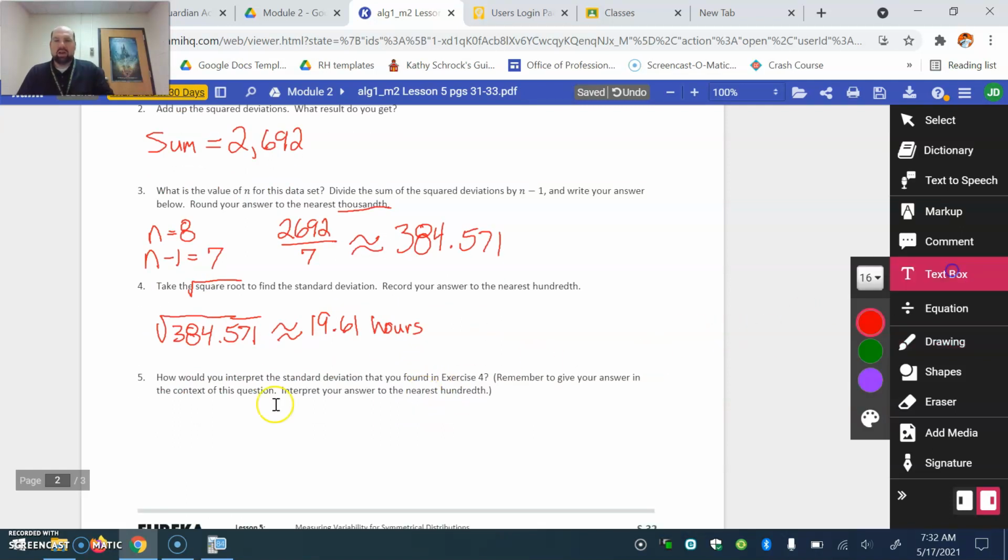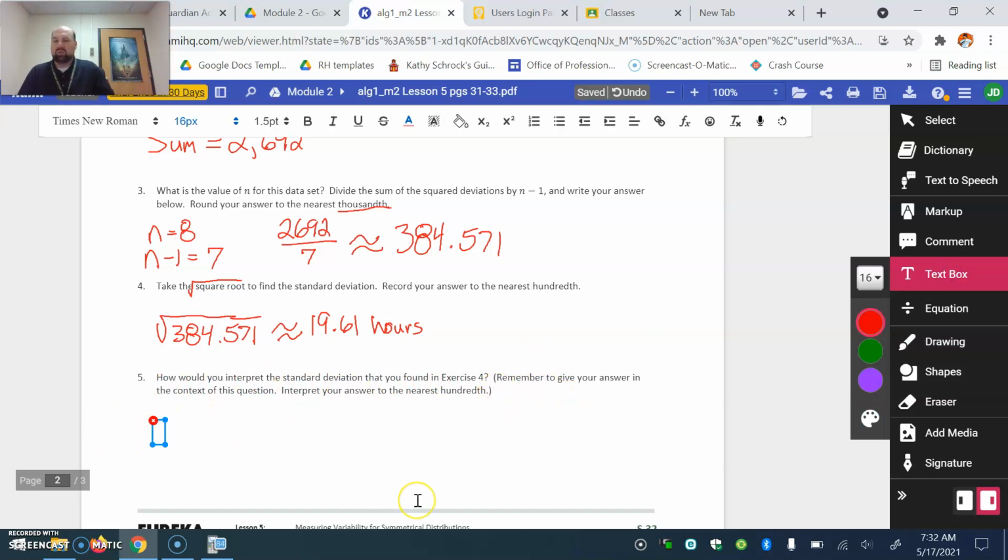Okay. So how are we going to answer? How would you interpret the standard deviation that you found in exercise 4? So we're going to put this in context of the question.